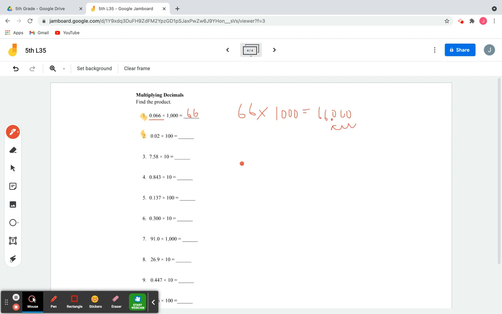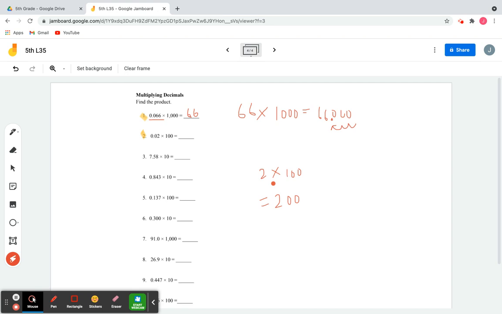And let's work on number 2. So we take out the decimal point again. So we have 2 times 100 and it's equal to 200. Let's look at the decimal point here. We have 2 digits behind the decimal point, right? They're 0 and 2. So the final answer should be the same.